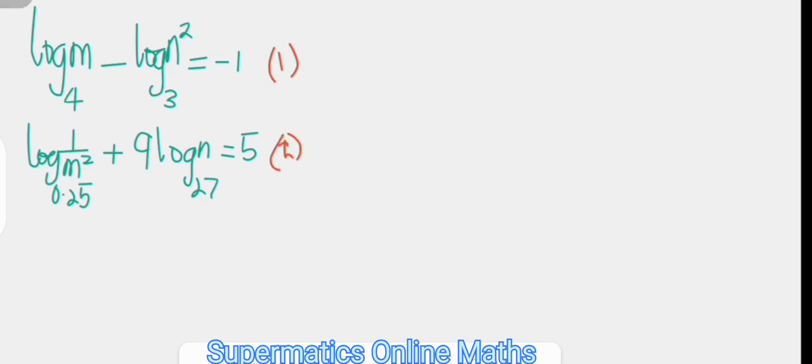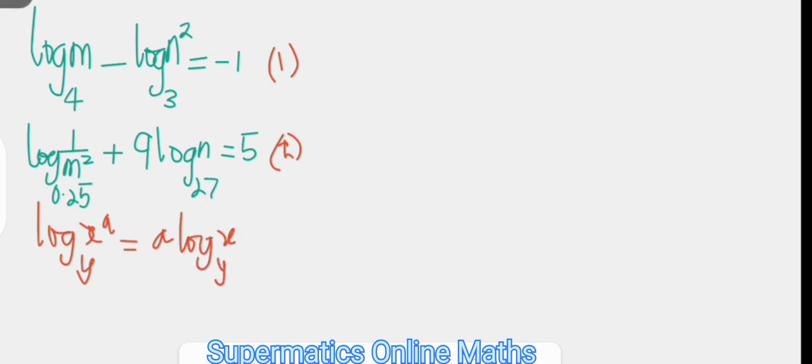Now from the first equation, we're going to apply this law of logarithm that states that the logarithm of x raised to power a to base y is a times the logarithm of x to base y.